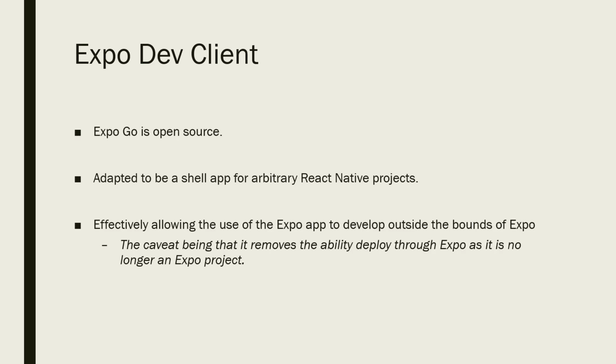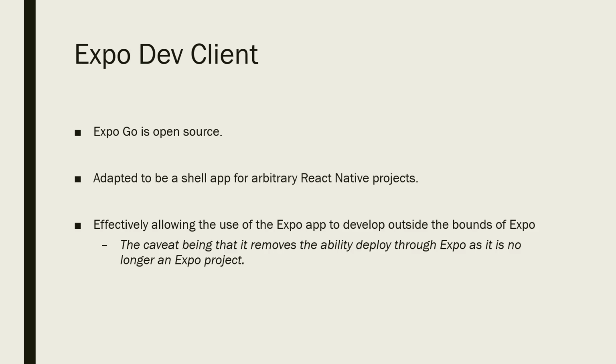Luckily, though, Expo Go, being open source, has been adapted to be a shell app for arbitrary React Native projects, meaning that the software that allows you to hook up your local area network to your phone and view what is going on has been adapted to work outside of the framework of Expo.